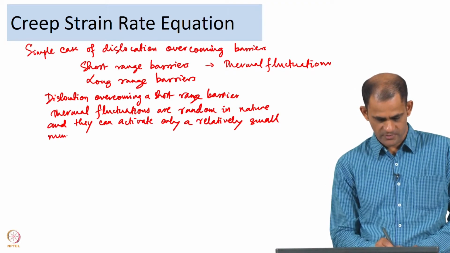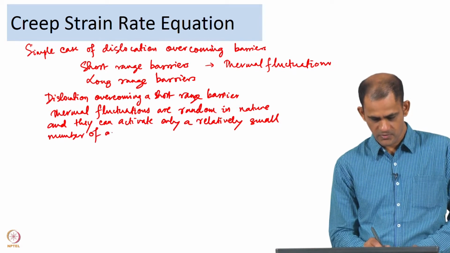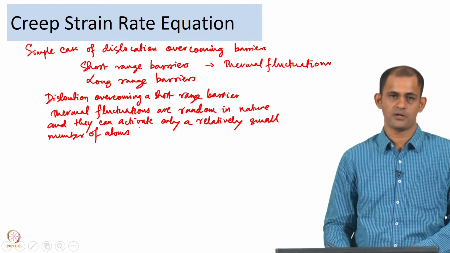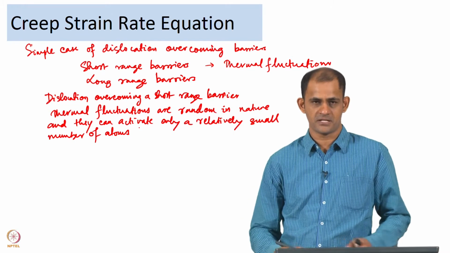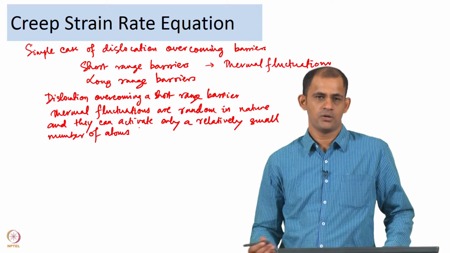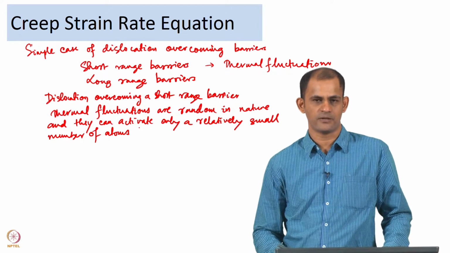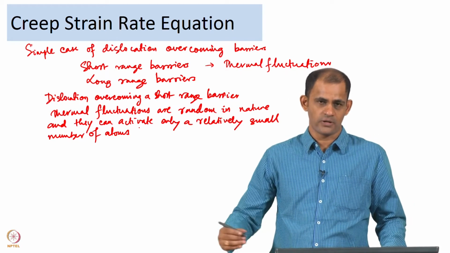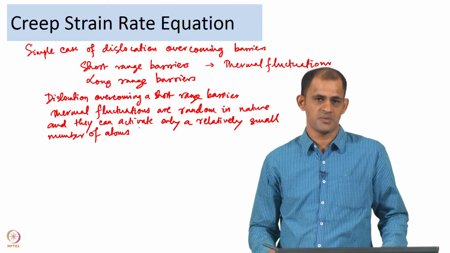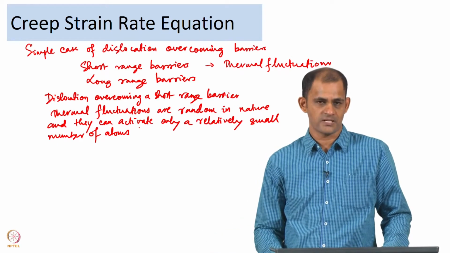small number of atoms, and that is why it is a short range barrier, because we said short range barriers are those where the atomic distances involved are typically a few atomic diameters, maybe a couple or 5 atomic diameters, whereas when you talk of long range barriers you are talking about distances which are significantly larger, maybe 300 or 1000 atomic distances.